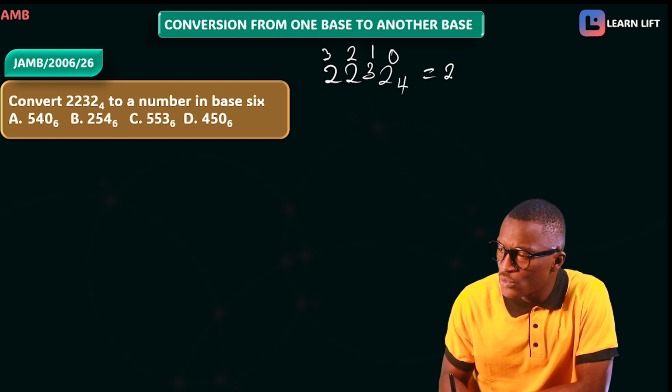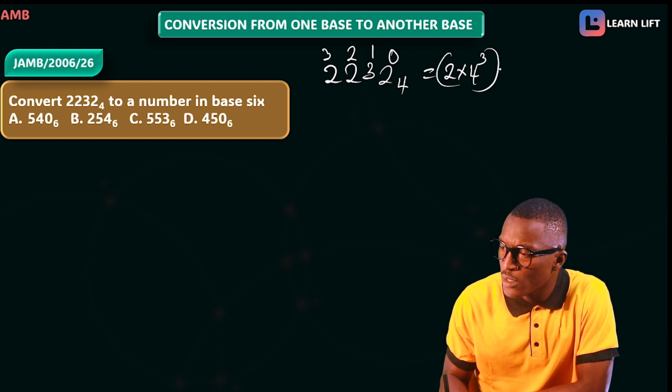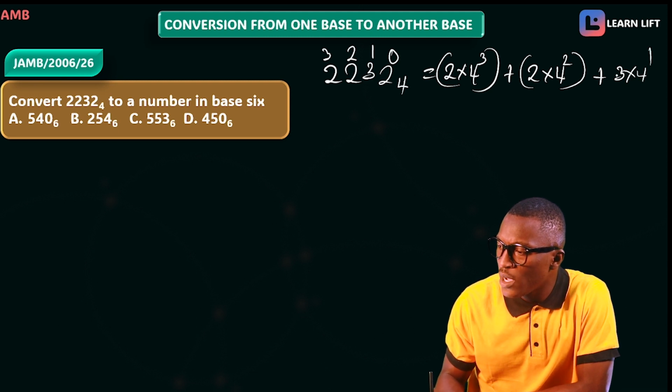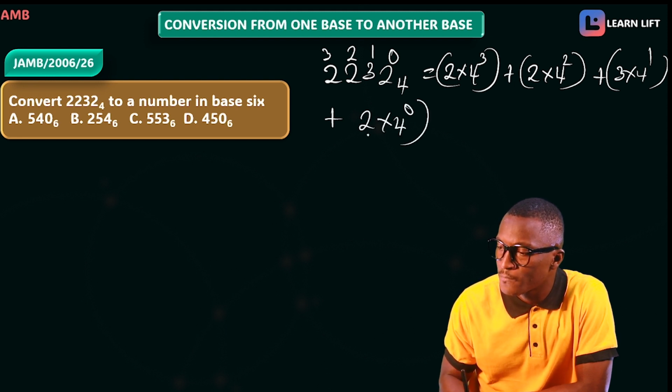So that becomes 2 times 4 raised to power 3, plus 2 times 4 raised to power 2, plus 3 times 4 raised to power 1, plus 2 times 4 raised to power 0.